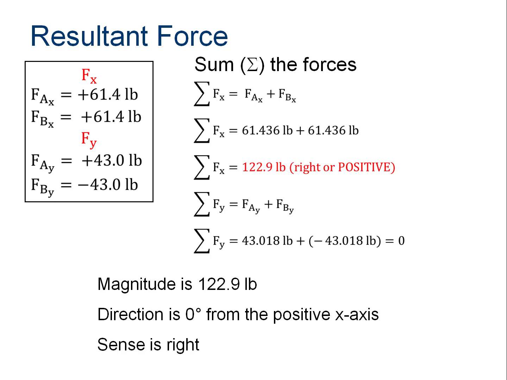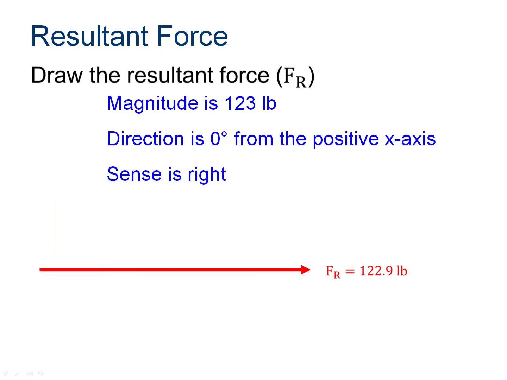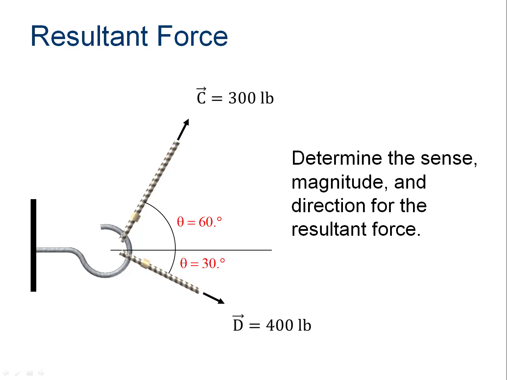The sense is to the right. So the net resulting vector, about 123 pounds, 122.9. That's the net vector. So that makes sense, and that's pretty easy because they're equal vectors, and I had one direction completely cancel out. The y is canceled out, so that was easy. Let's look at one that's a little more complicated.